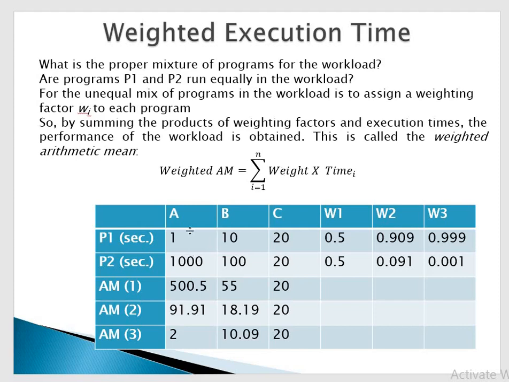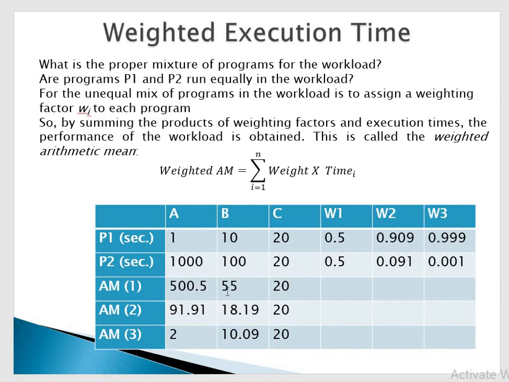If we take this particular example, what will be the arithmetic mean for W1, where we have allotted equal weight? Using this equation, weight into time: weight is 0.5, time for program 1 is 1, so it will be 0.5, and weight for this is 0.5 and time is 1000, so it will be 500, and the sum of these two products will be 500.5.